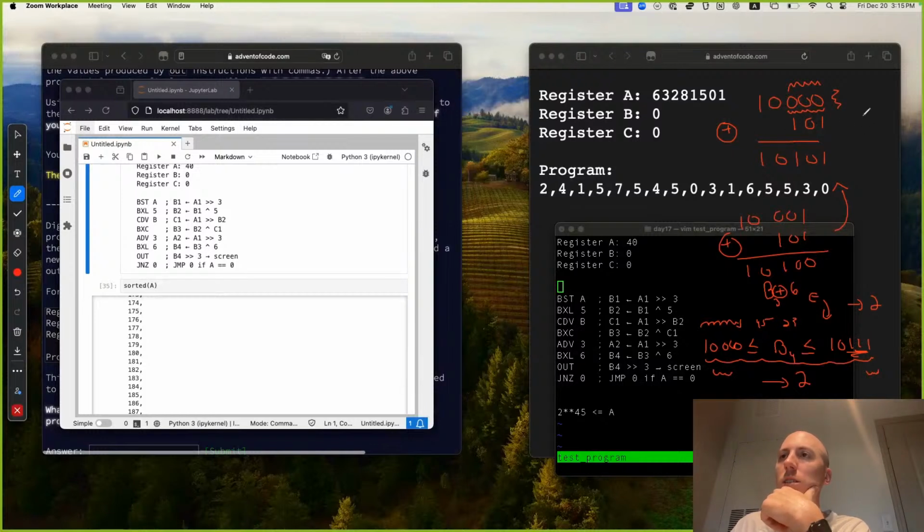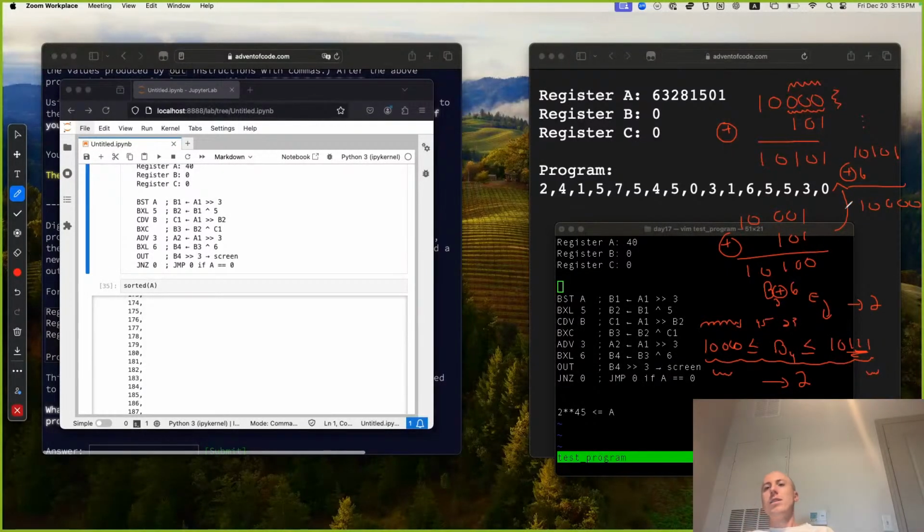You get to a point where you have 10101, and you XOR it with 6 and get 10000. So you will get that value there. So B3 is greater than or equal to this value.